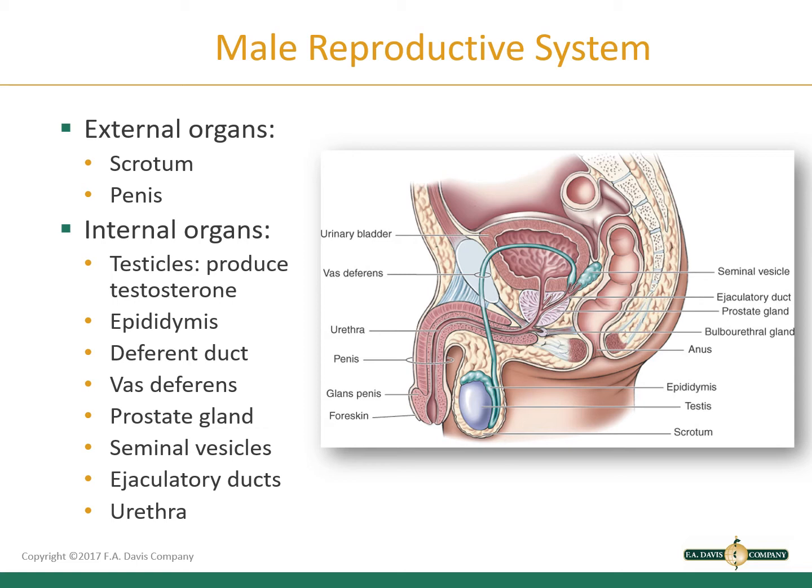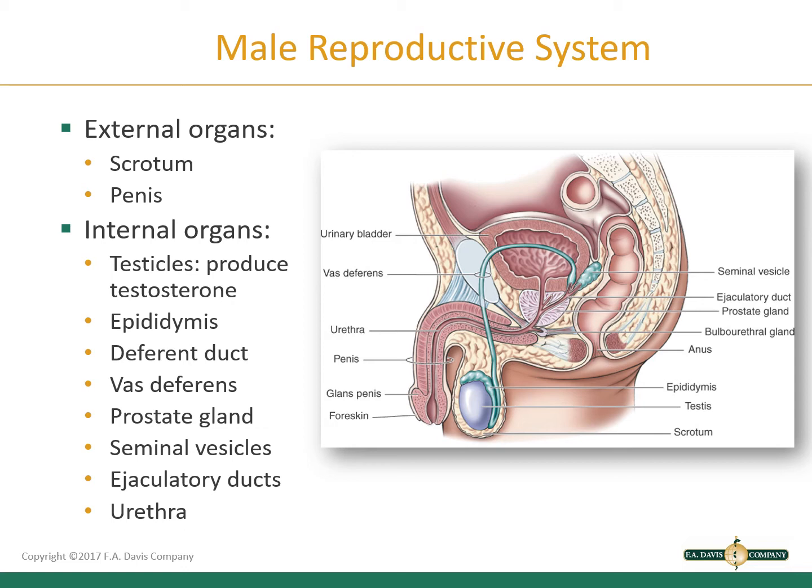Internal organs include the testicles that are located in the scrotum. These are the reproductive glands of the male. Each testicle consists of 200 to 300 lobules, and the lining of these tubular walls contains cells that develop into spermatozoa.